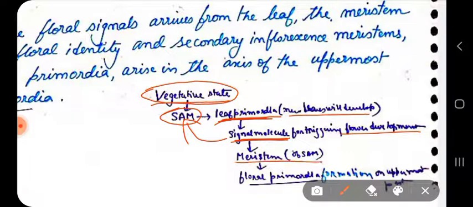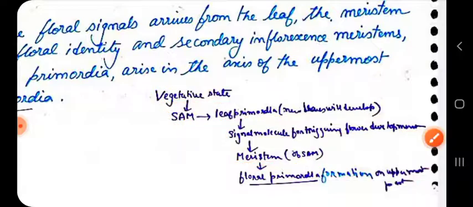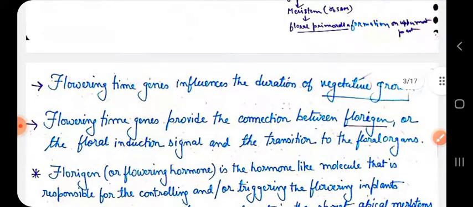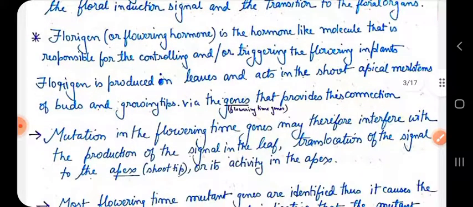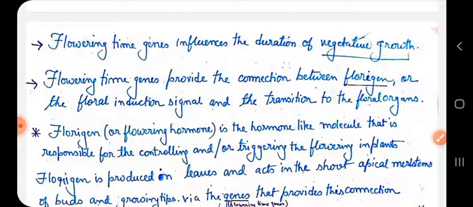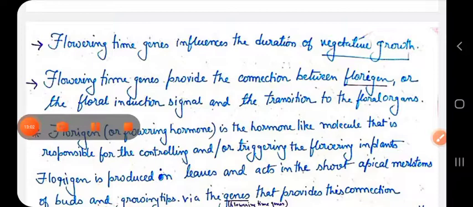The shoot apical meristem gets triggered by the signal molecule and induces floral primordia development. The floral primordia develop on the uppermost part of the leaf. From there, your flower will develop. So let us see more about flower development.